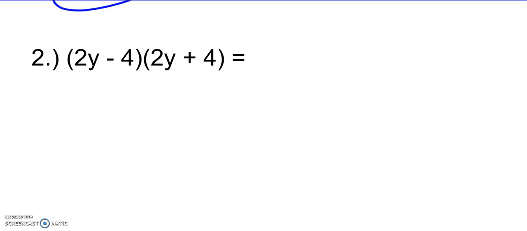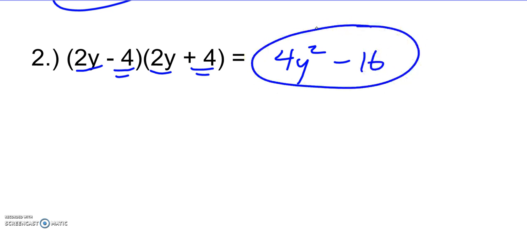So since we have that situation, we can take our shortcut and just go 2y times 2y, which is 2 times 2 is 4, y times y is y to the second. And then I can take negative 4 times positive 4, which is negative 16, and we would be done. So if you happen to notice that, you can definitely use that shortcut.